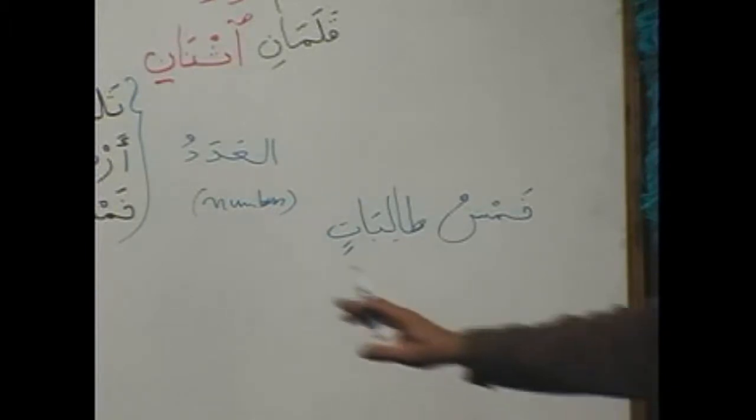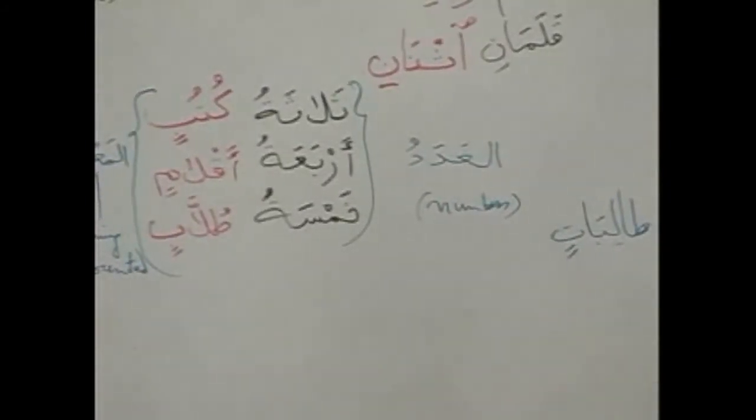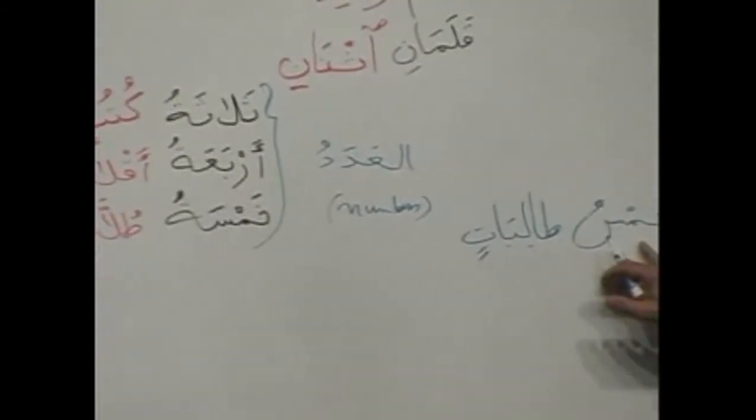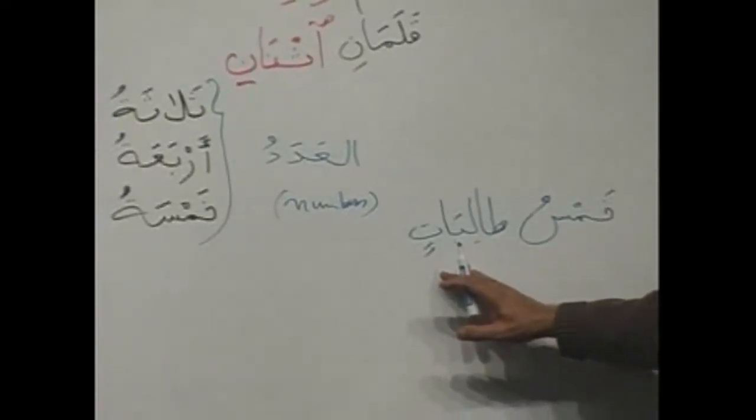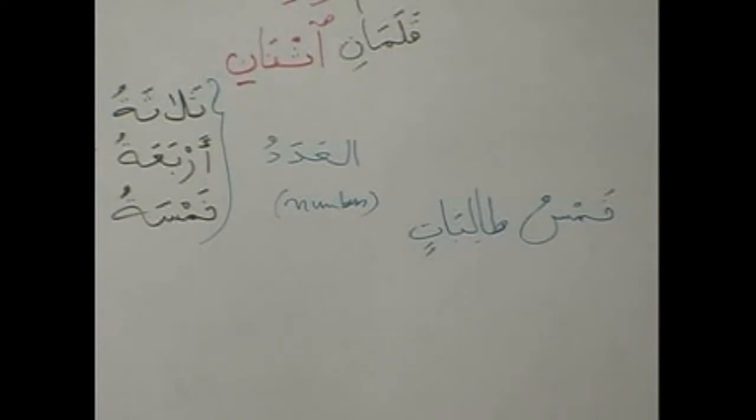Khamsu talibatin. Here I had khamsatu, and here khamsu. Why? Because the ma'dud is muannas, so the number will become muzakkar. Are you with me? In the beginning, it may seem a little complicated, but we get used to it, inshallah.